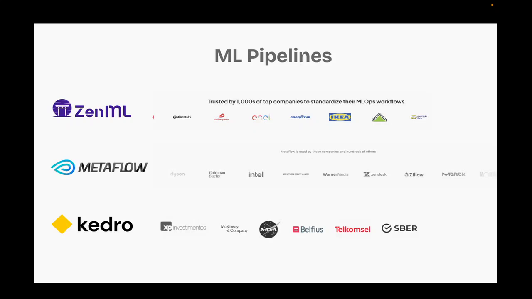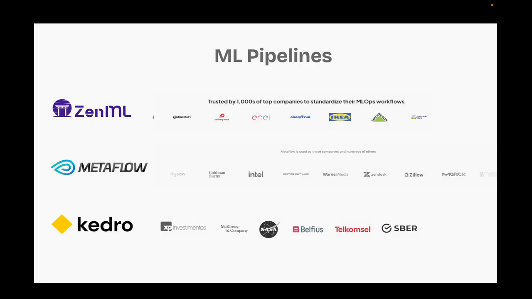The next one, Metaflow. It's developed by Netflix. This framework was originally built for internal use, but became open source in 2019. And the last one is Kedro. It's an open source framework from QuantumBlack, which was later acquired by McKinsey.